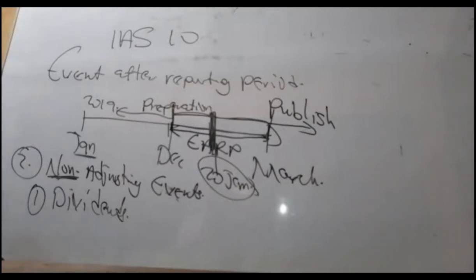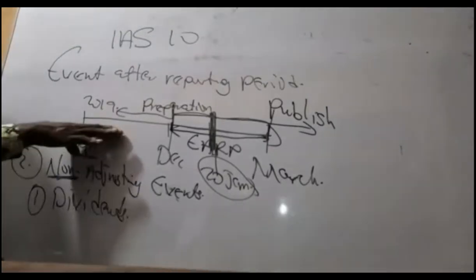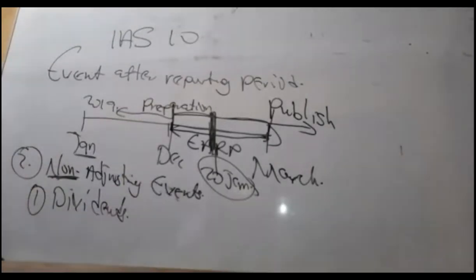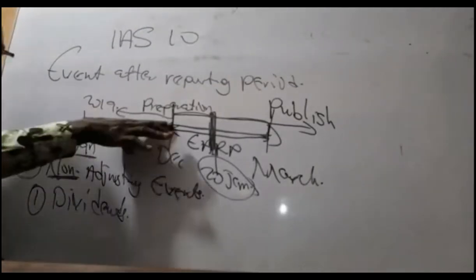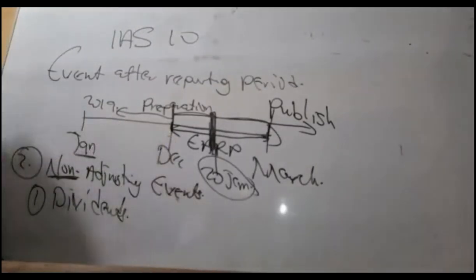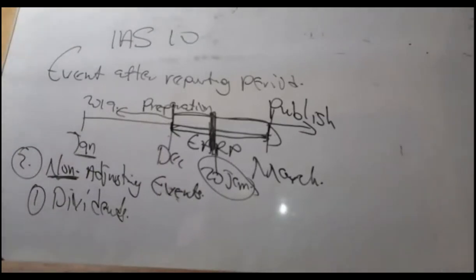Good. Now, is it for 2019 or for 2020? Even though the dividend declared is in respect of 2019, before the year end, is there any evidence that suggests that we are owing dividend? Dividend is not compulsory. Dividend is the decision of directors. It's when you make the decision to declare that it becomes a liability or a provision on you.